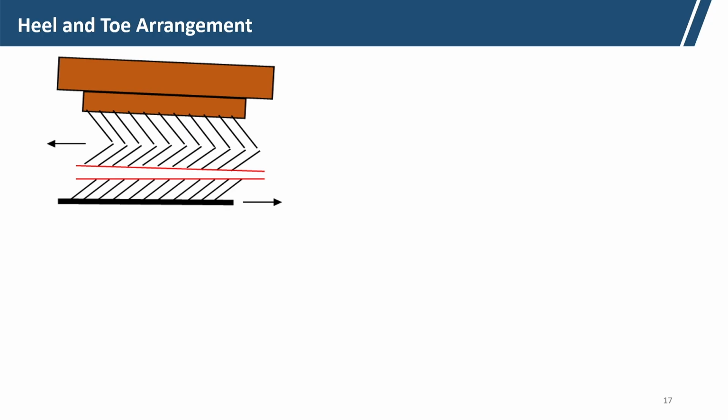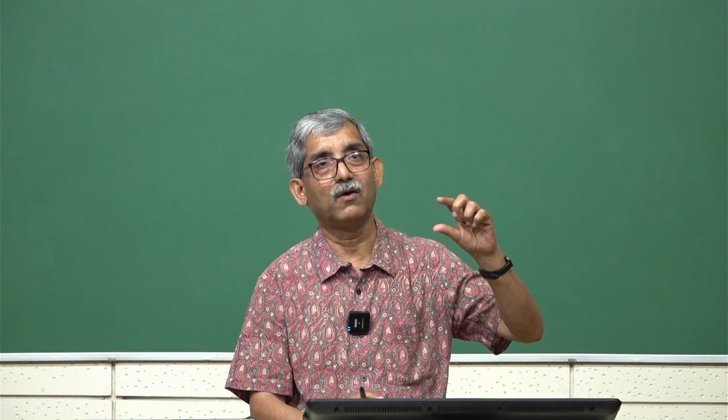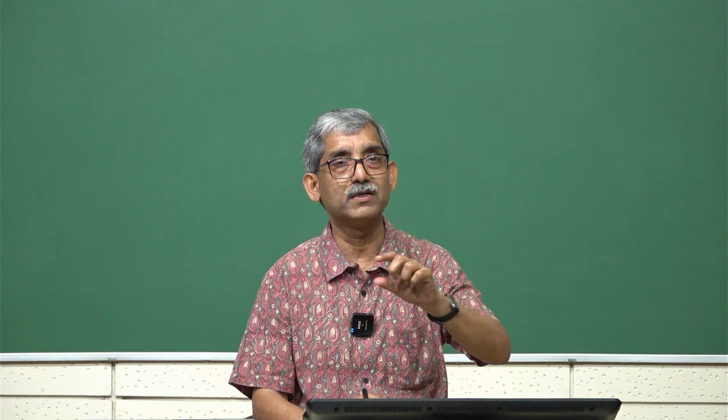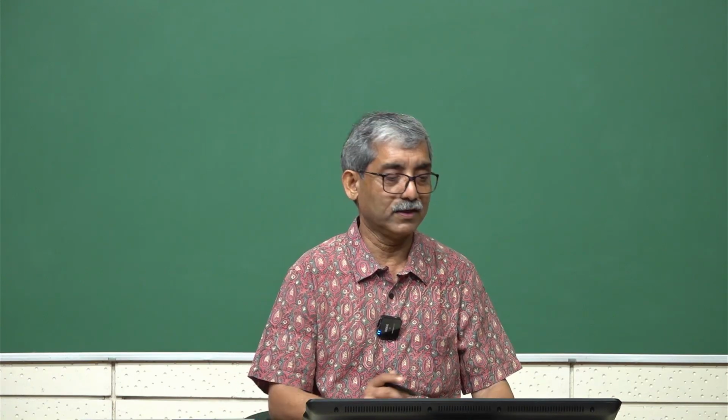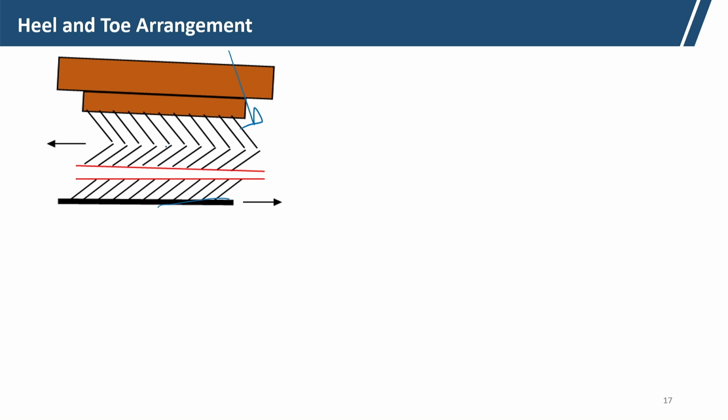Now, another arrangement between the cylinder and the flat surface is called the heel and toe arrangement. In our shoe we have the heel, which is higher above the ground, and the toe, which is closer to the ground. That arrangement is there for each and every set.